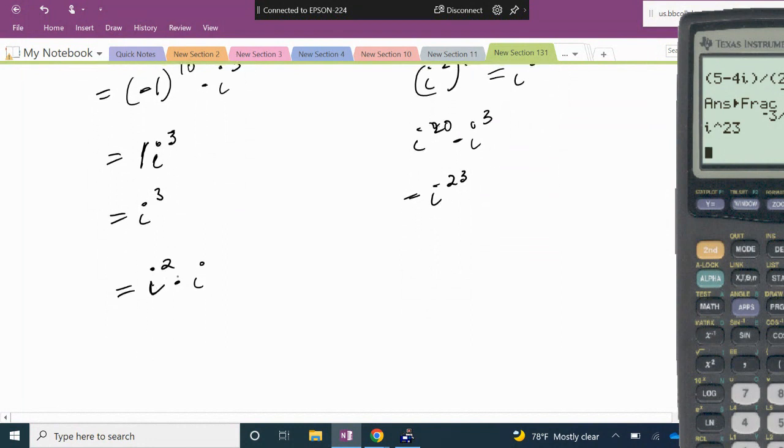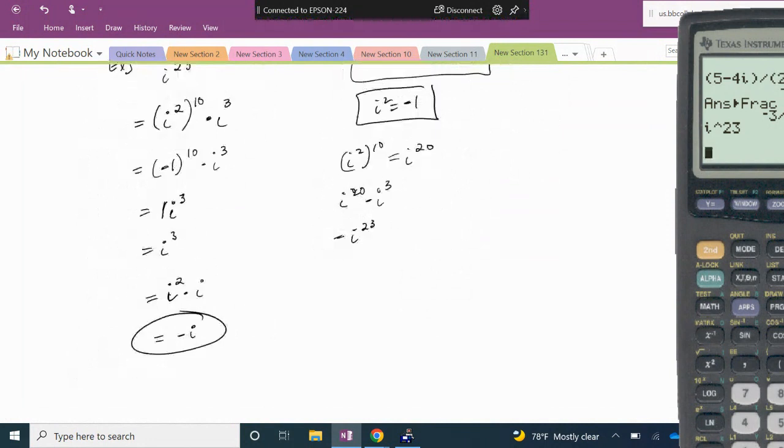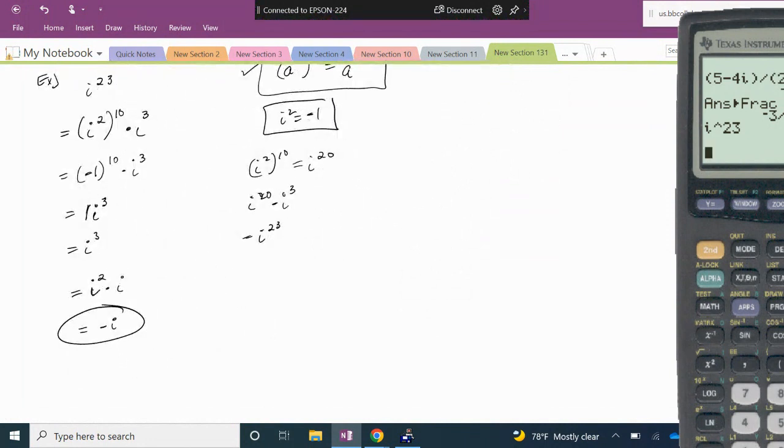So on the last step, I know that i squared is -1, so I would simplify i to the 23rd power. That can be simplified as -i.